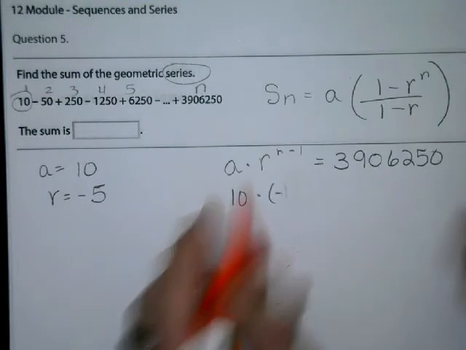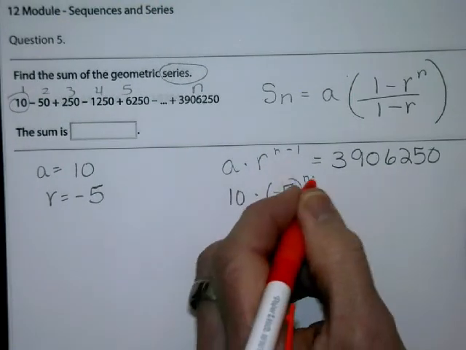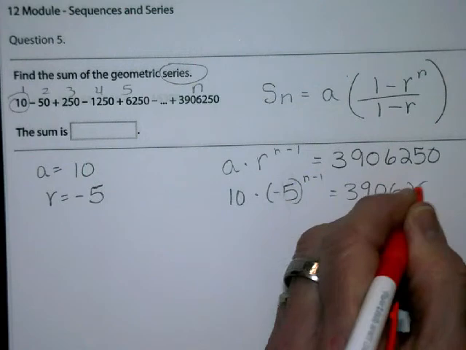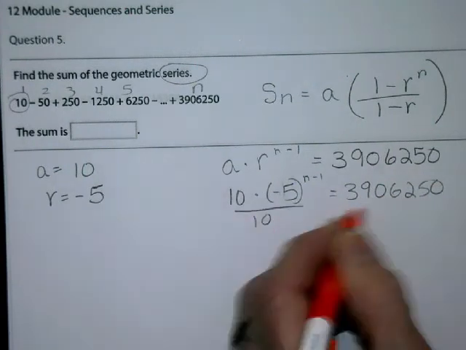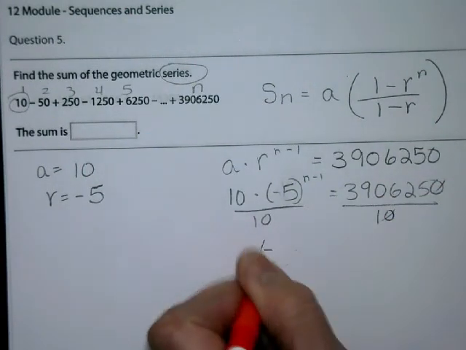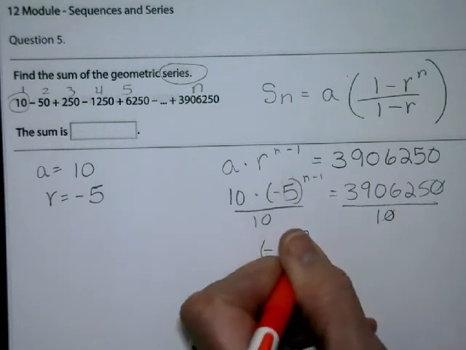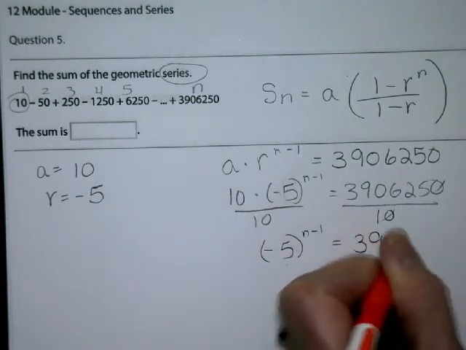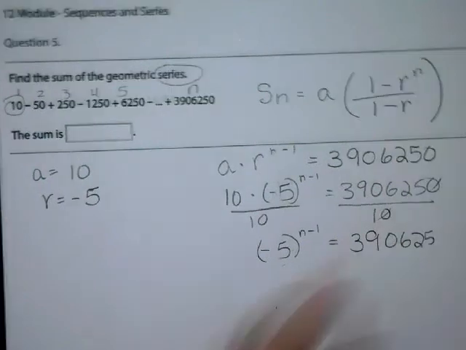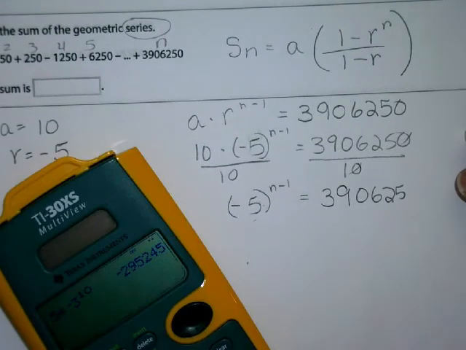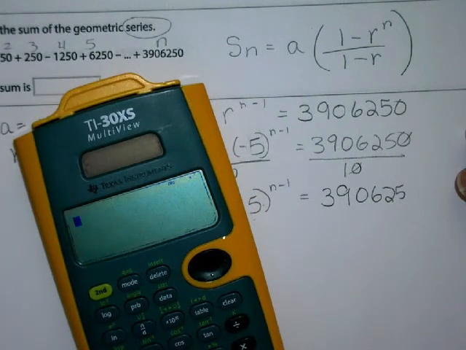So I put my a in, my r, I put a hug around it because it's negative, n minus 1. 3,906,250, divide by 10. So that just knocks that 0 off. So how many times do I take negative 5 times itself to get 390,625? So experiments, got to be quite a few.